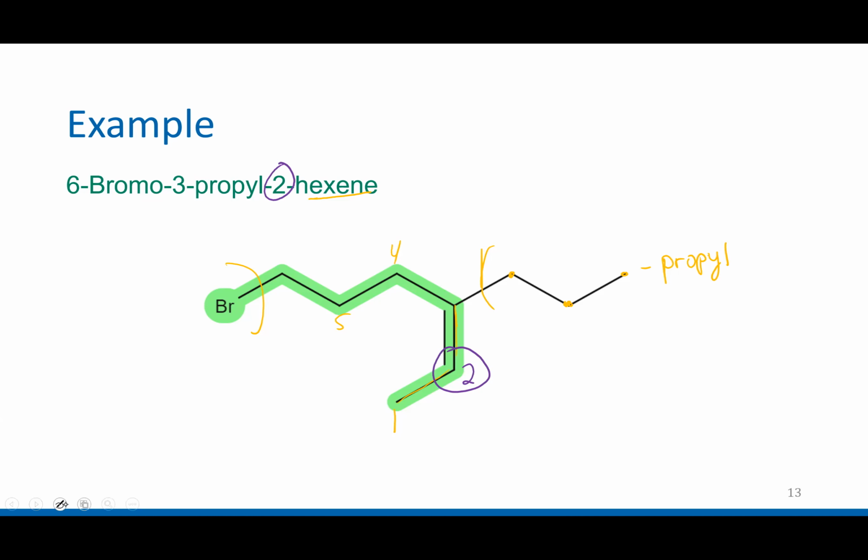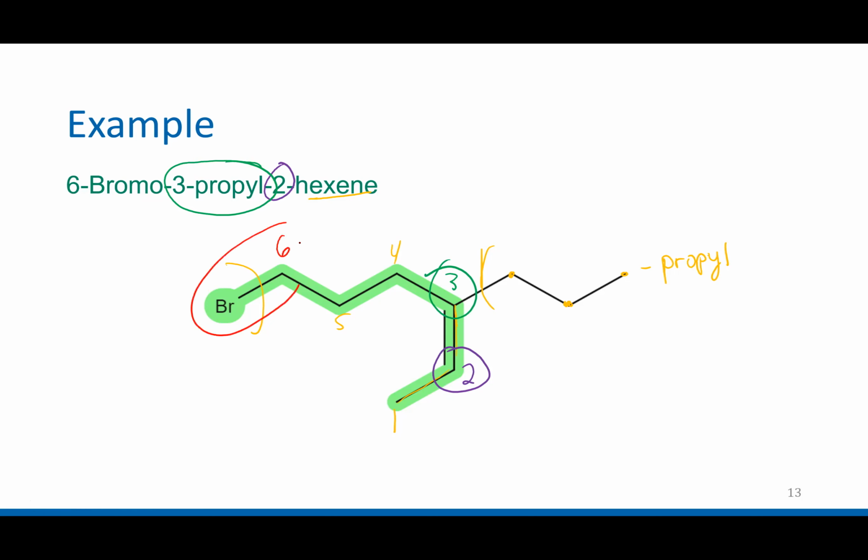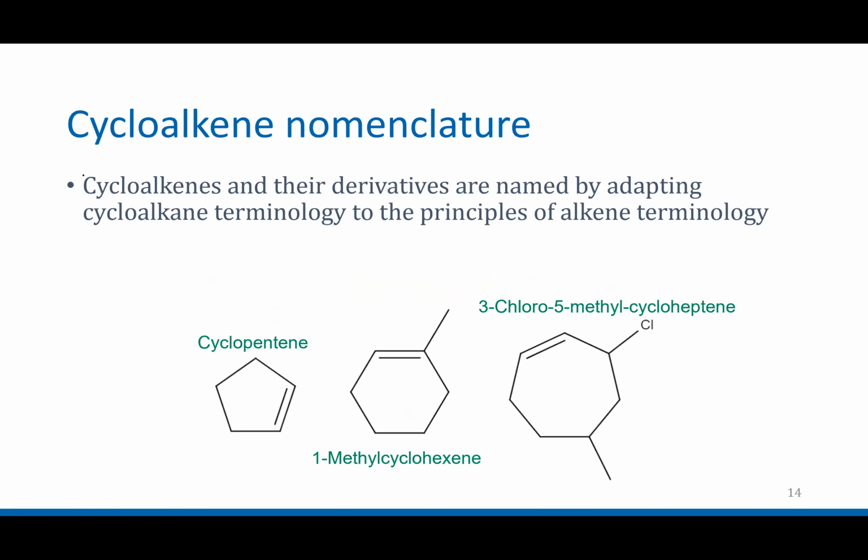On the third carbon, let's try green, I have my 3 propyl group, and on the 6th carbon, I have 6 bromo. So that's kind of the breakdown of this molecule. Pretty easy-ish. If this was just an alkane, it'd be named completely differently, which is kind of interesting, but not that hard.